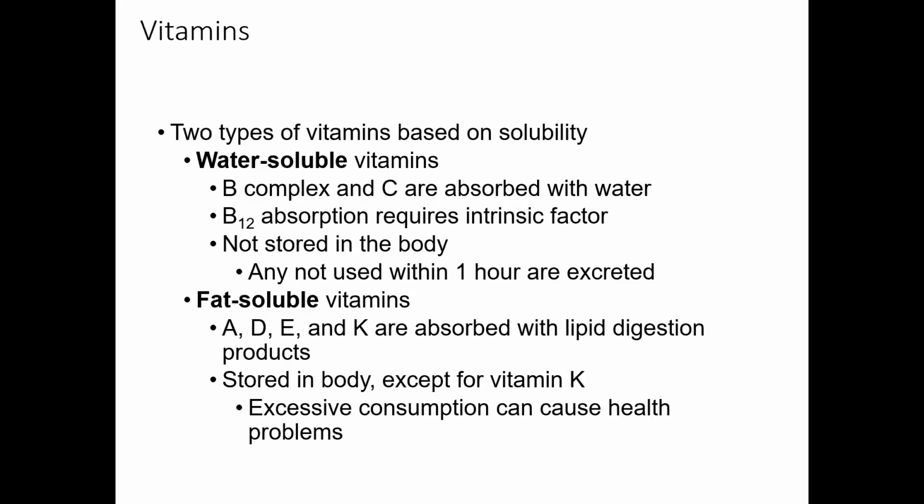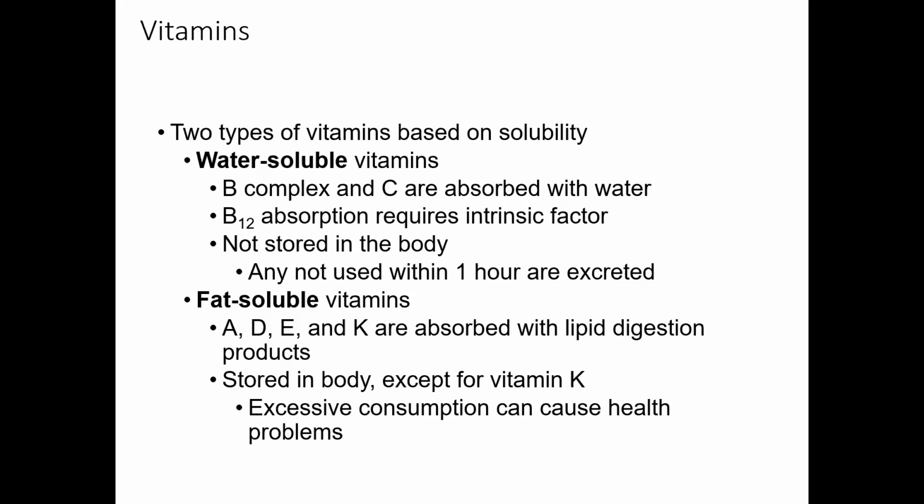So vitamin E works as an anticoagulant, blood thinner. Vitamin K is just the opposite, allowing us to clot when we need to. And it's a nice balance between vitamin E and vitamin K. You know, they sort of work against each other, and that's fine. That's what they're supposed to do.